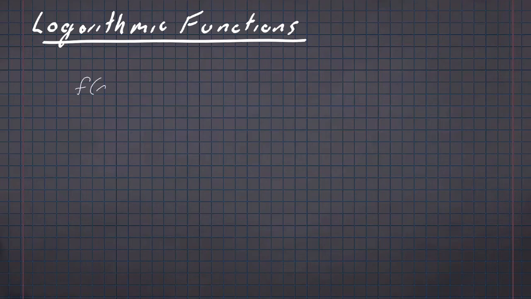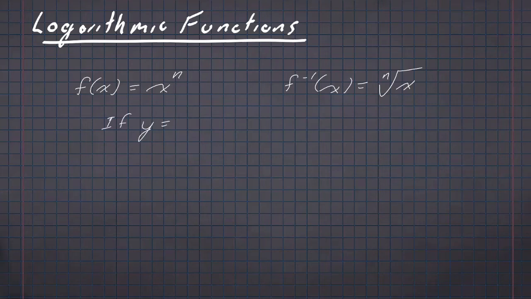So we have f of x as x to the n, a power function, and the inverse, f inverse of x, is the radical function nth root of x. Another way we have written that is if y is equal to x to the n, then x is equal to the nth root of y.